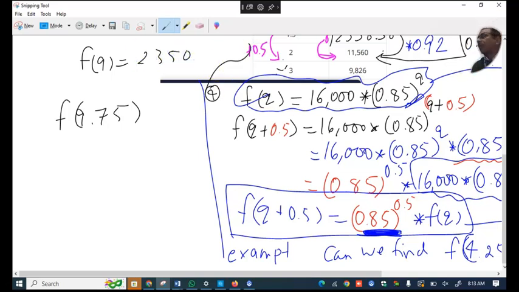I'm just making my own example. So the value of the machine after 9 years is 2,350. Can you figure out what will be f of 9.75? That's the question.